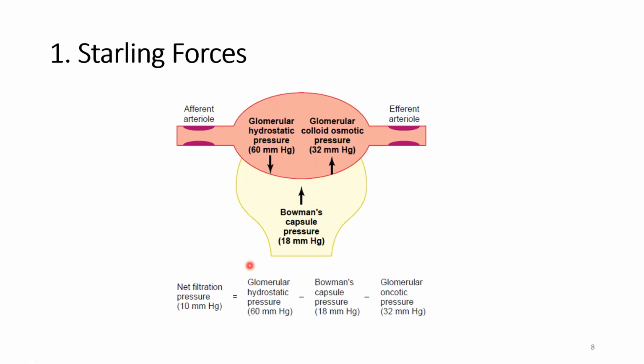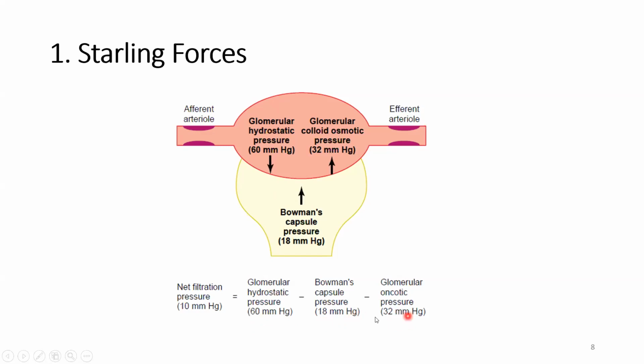So when you calculate the net filtration pressure, which obviously is in favor of the hydrostatic pressure, a cursory look at these numbers would tell you that stuff should be coming out mathematically. You just use this equation. You put in the glomerular hydrostatic pressure, you subtract the Bowman capsular pressure from it, and the oncotic pressure.